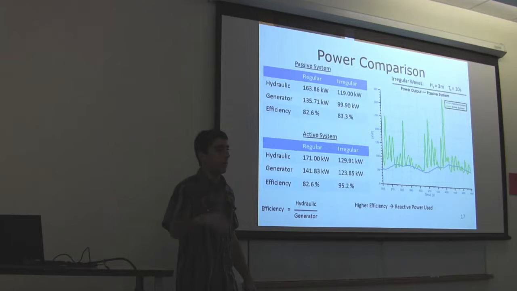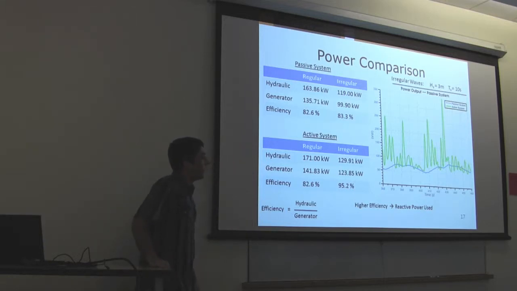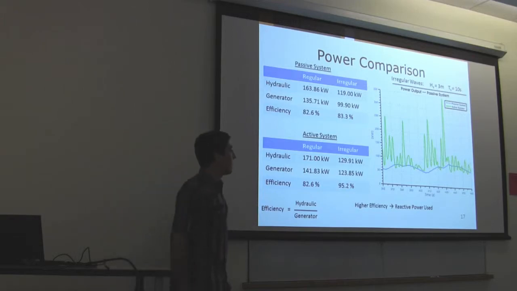And this is a plot of the irregular wave power output of the two systems. You can see the blue line is the passive system. It has a much smoother profile, whereas the active system has much higher peaks of power, or peak-to-average power ratios. And we see this higher efficiency that shows up, right?